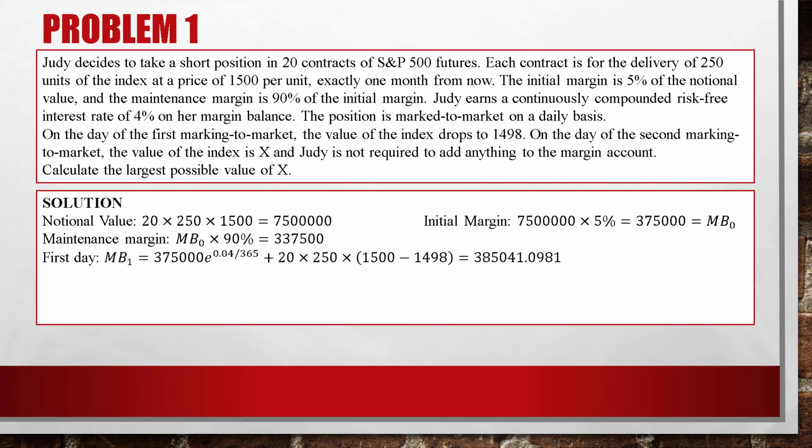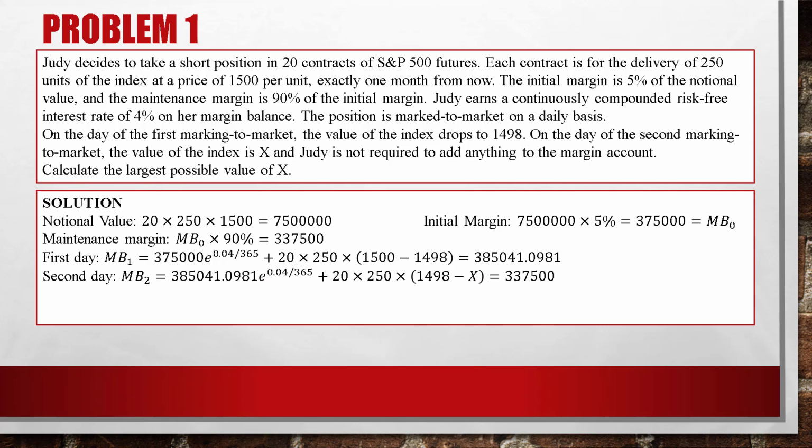The margin balance at time 1 is equal to the margin balance at time 0 times e to the 0.04 times 1 over 365, plus 20, which is the number of contracts, times 250, which is the number of units in each contract, times the difference between the initial price and the price on the first day. So we got the margin balance at the end of the first day is $385,041. And similarly, we apply the iteration.